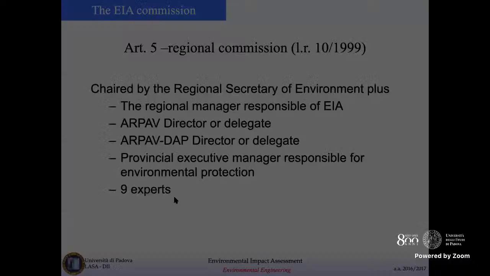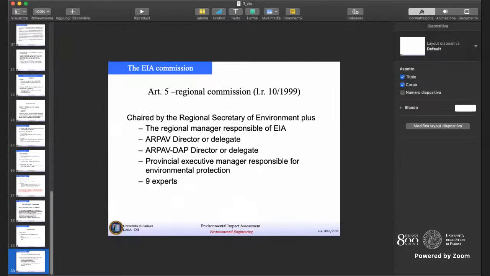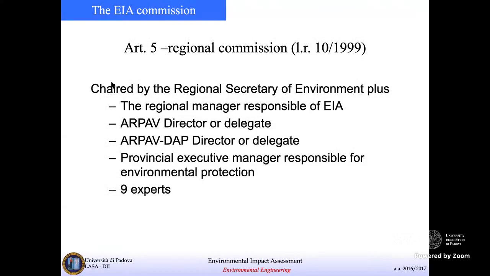Then the question remains open: which projects shall undergo regional or national environmental impact assessment? We will see some details on that when we enter into the detail of Italian legislation next Thursday, in the next lecture.